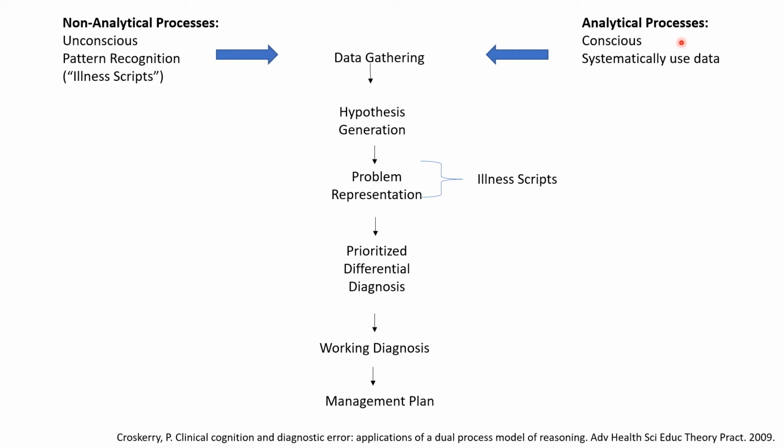This is often used by novices or by experienced clinicians as a check against cognitive biases that can sometimes arise when relying on System 1 or the non-analytical process. Therefore, System 1, also known as the non-analytical process, and System 2, also known as the analytical process, together define the dual process theory of clinical reasoning.